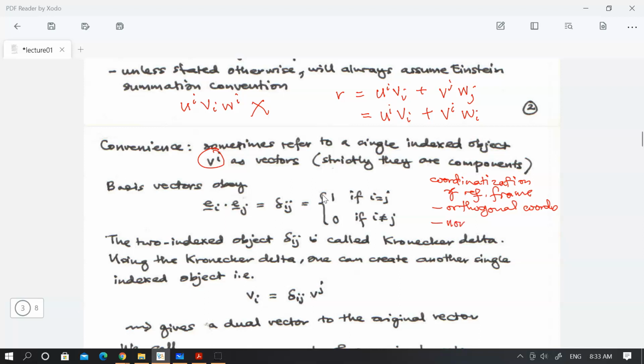One can also use non-orthogonal coordinates, meaning the axes might not be orthogonal to each other. For us, we are going to adopt just orthogonal coordinates for now. If you're doing something much more exotic like general relativity, which involves warping of space and time, you might want to allow for non-orthogonal coordinates.